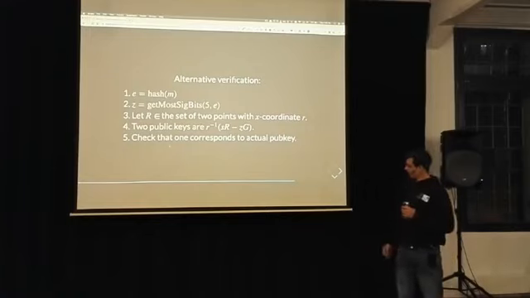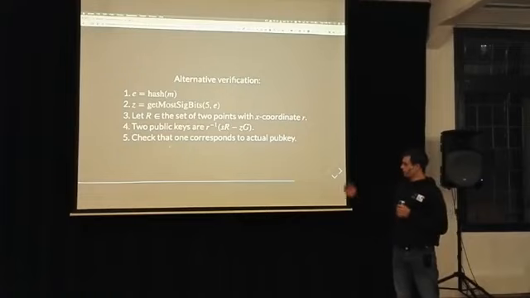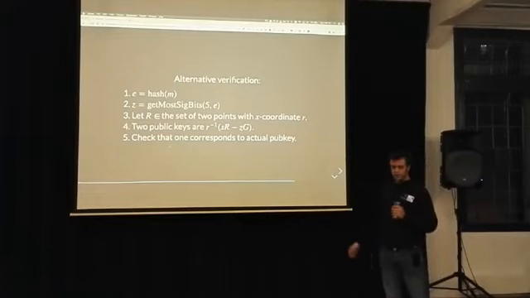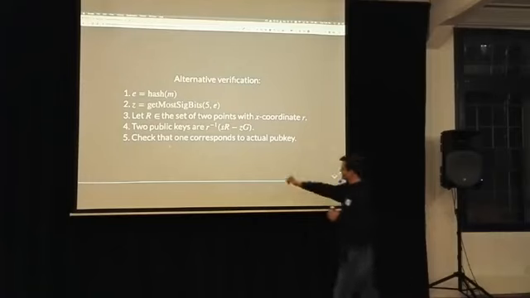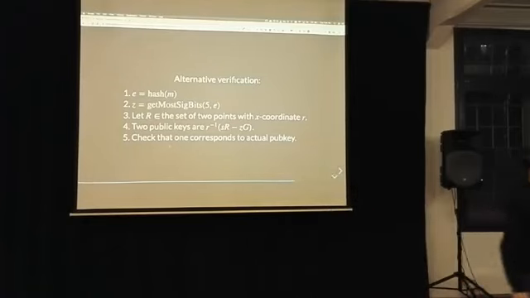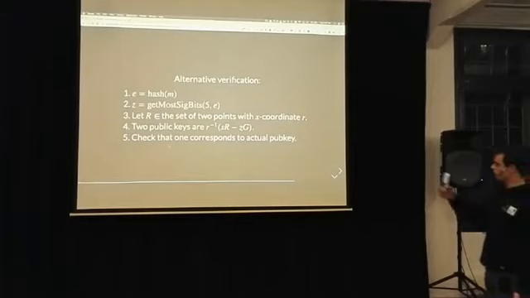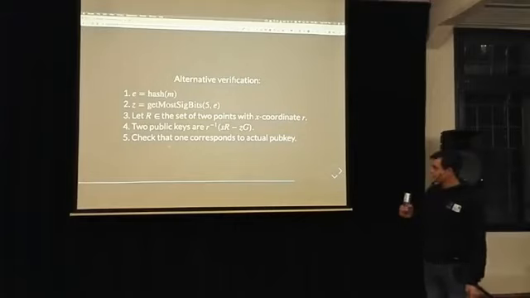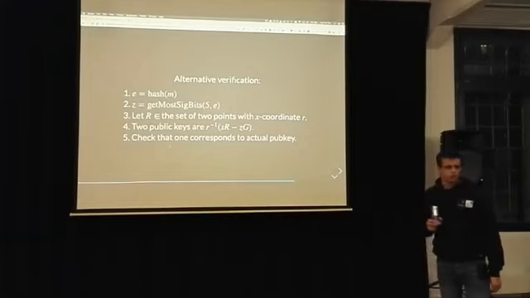To prove correctness of this algorithm, you could take these two keys and plug them into the verification algorithm on the previous slide. And then for the verification, you check that one of the keys that you found actually corresponds to the actual public key.